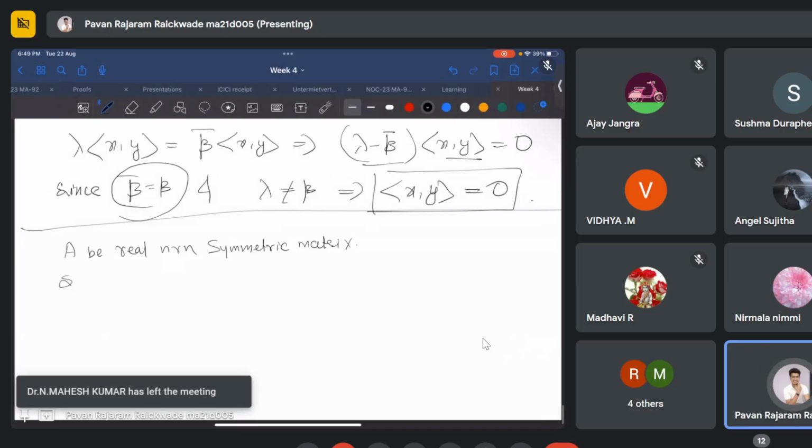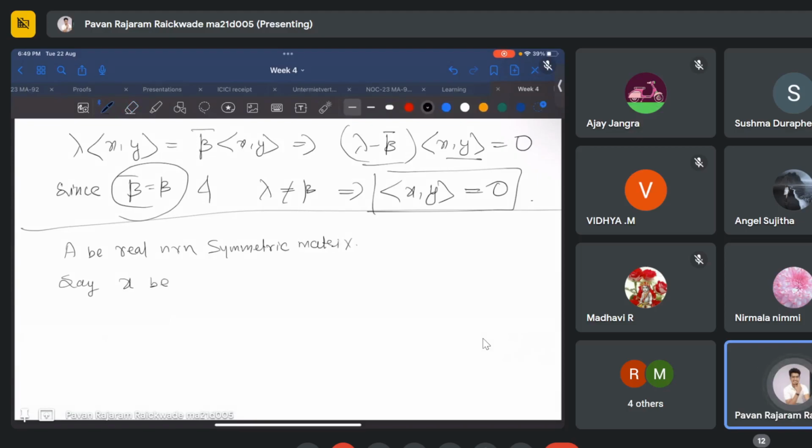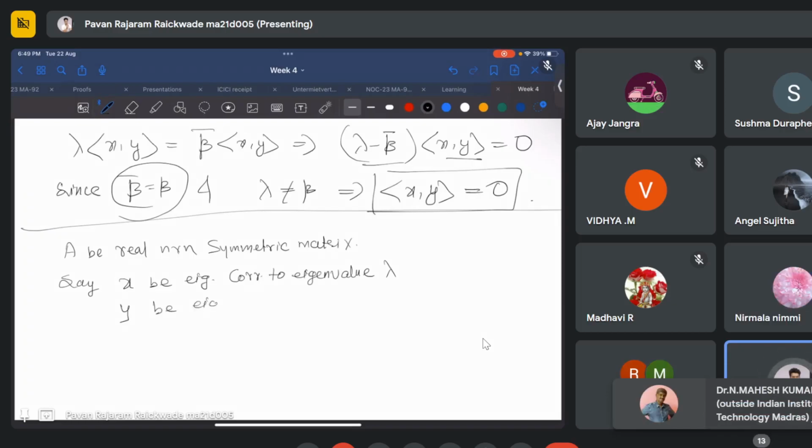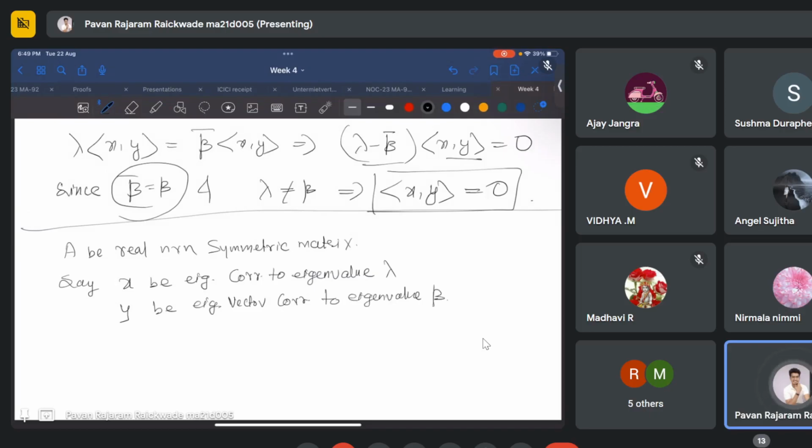So we say x is an eigenvector corresponding to eigenvalue lambda, and y is the eigenvector corresponding to eigenvalue beta, where lambda is not equal to beta. So I have distinct eigenvalues and corresponding eigenvectors.